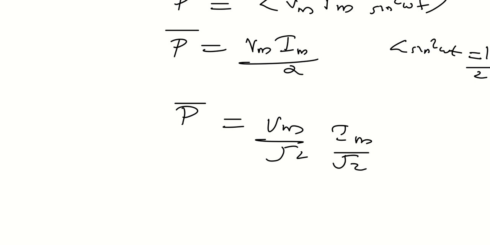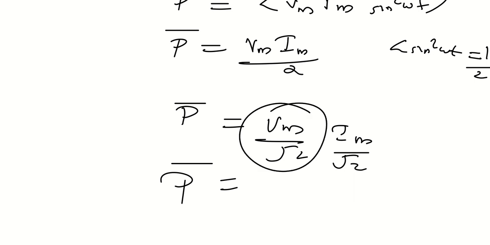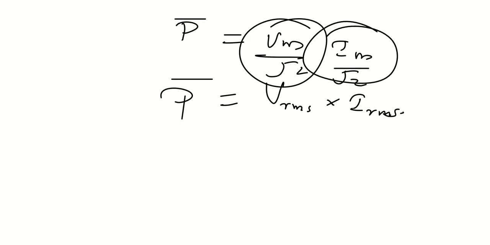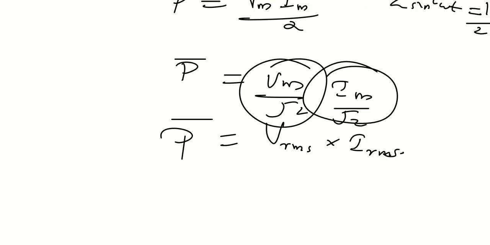We know that root 2 times root 2 gives 2. So this can be rearranged like this, and the average power P is represented by Vrms into Irms, where this is the RMS value of voltage and this is the RMS value of current. So the average power is equal to Vrms into Irms, which is Vm Im divided by 2. So the average power is not 0.